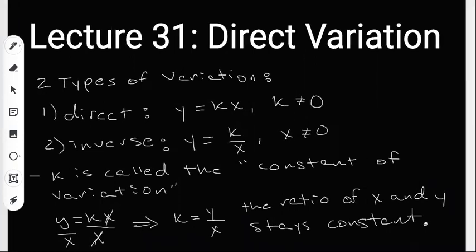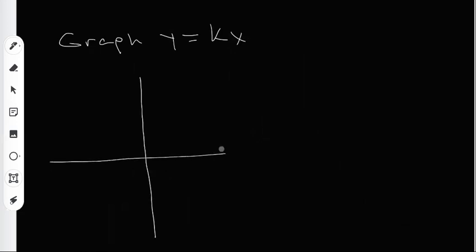All right, so how do you graph direct variation? We're going to graph y equals kx. If I was given an xy plane, where x is the horizontal axis and y is the vertical axis, we usually graph it as a straight line going through the origin, 0, 0.